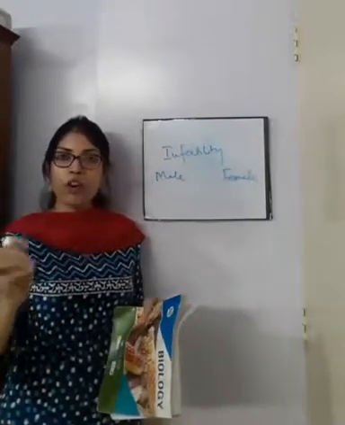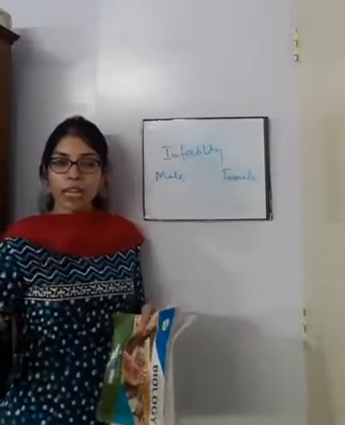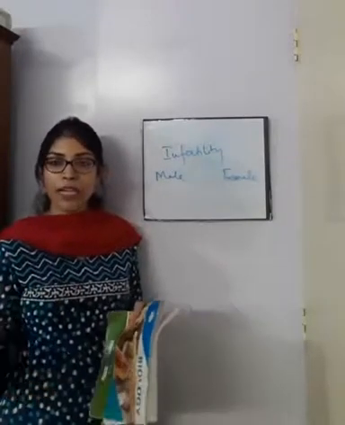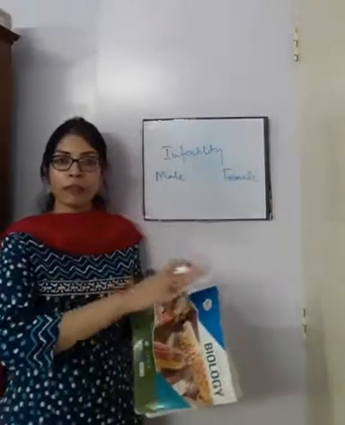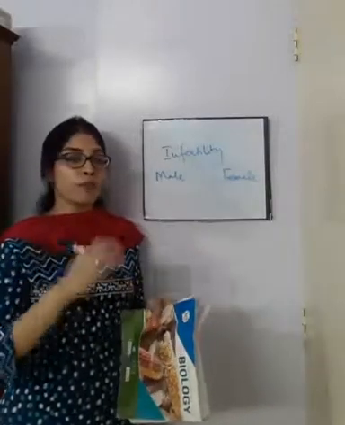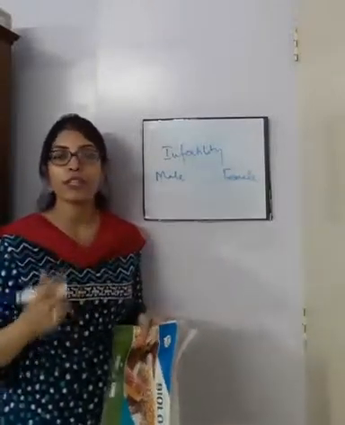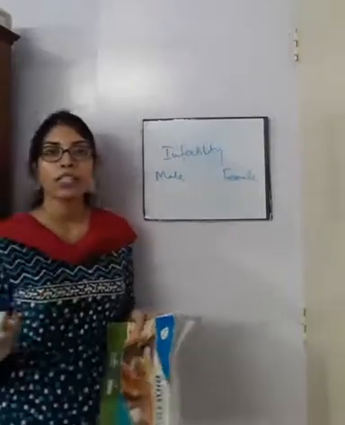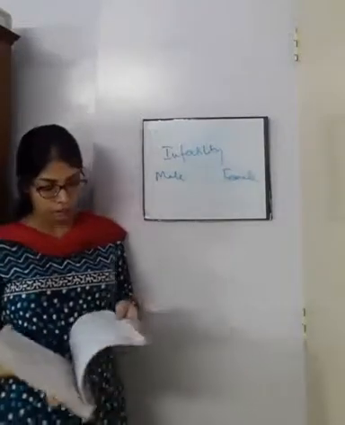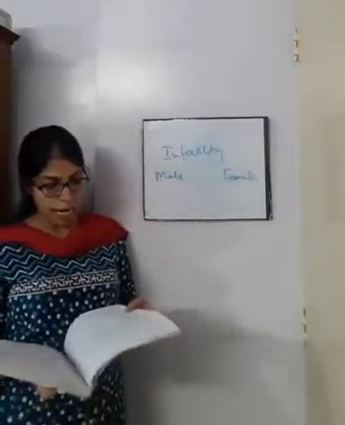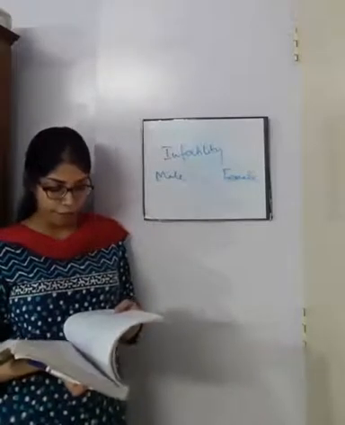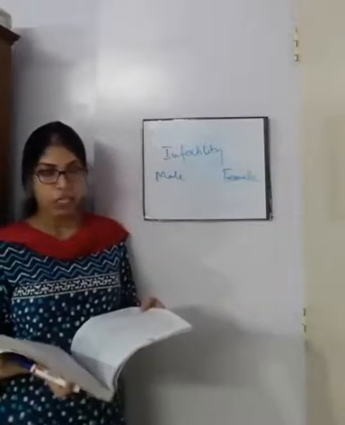That zygote, or even after some more time, when embryo has been formed, that embryo is transplanted to the female body for it to grow within the female body. Only the process of fertilization is done outside the body. So this is IVF. Next one is GIFT, gamete intrafallopian transfer.